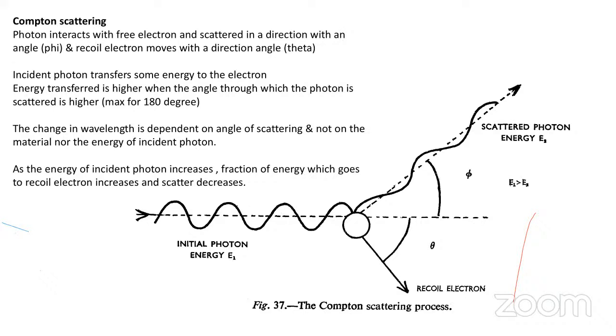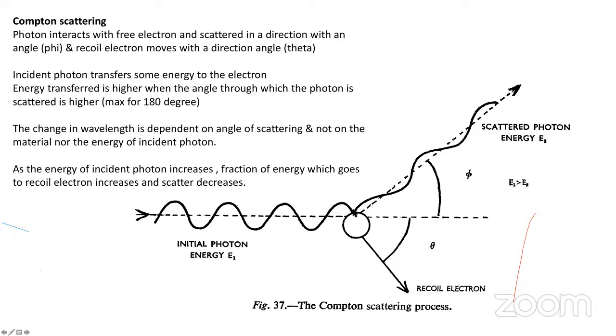So here the photon is interacting with a free electron and is scattered in a direction. If you look at this, it is scattered by an angle of phi, and the recoil electron, because it has been hit by the photon, moves at an angle of theta.